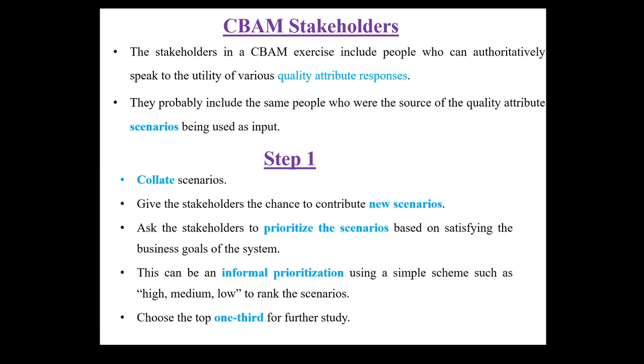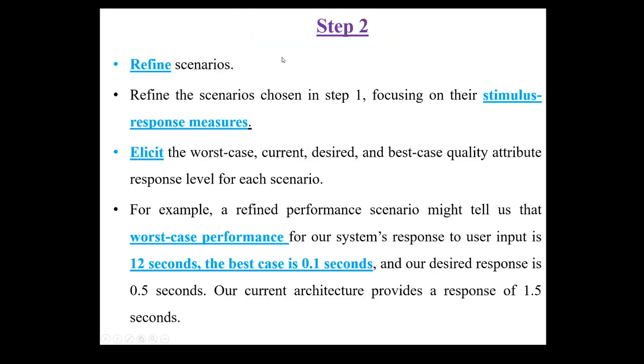And the stakeholders have to prioritize the scenarios based on the business goals. This can be an informal prioritization, but it should have a scheme like high, medium, low, and choose the top one third for further study.